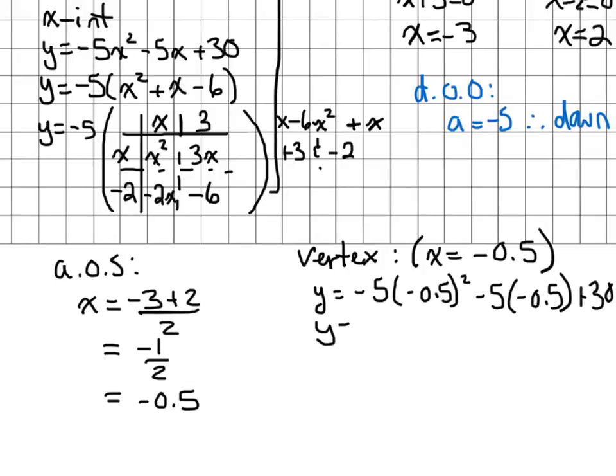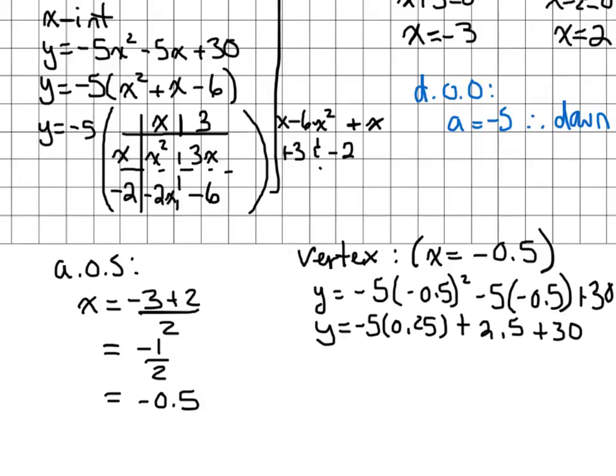All right, so that is -5 times 0.25 plus, because a negative times a negative will give me a positive, this will be 1/2 of 5, which is 2.5, plus 30.